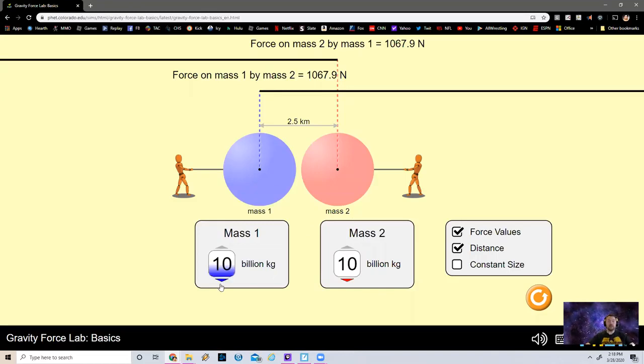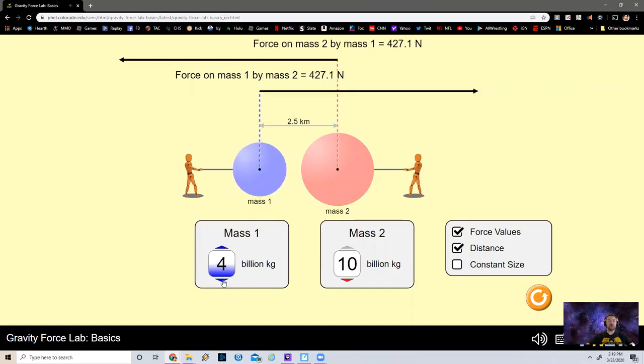So let's see what happens if I just reduce the mass of one of these objects to 5 billion kilograms. What do you think is going to happen to the force between these objects? Remember, Newton's law says that every force is met with an equal but opposite force. So let's see what happens to mass 1 if we reduce it to 5 billion kilograms.